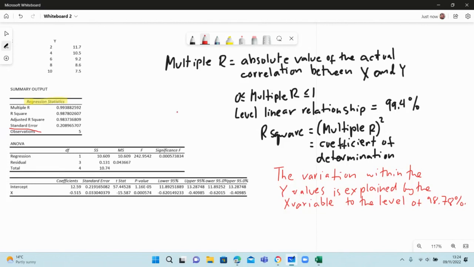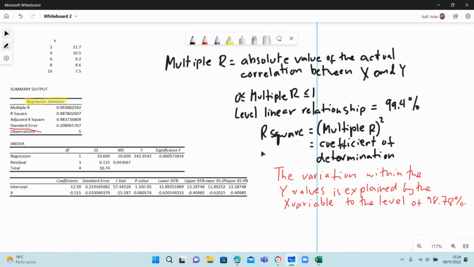Now, we will have an equation for our linear regression model a little later when we go to the third part of the summary output. But for now, the standard error has a value of around 21%. And so this is actually a good value because it is very close to zero, or relatively close to zero.